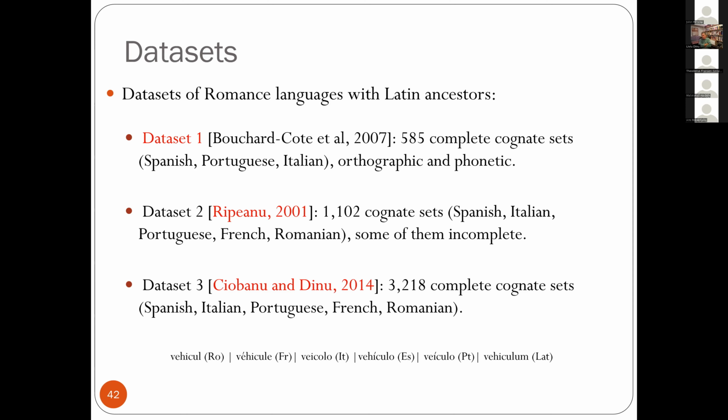Some of them are incomplete, we have to say. And the third one was our data set, which I showed before, and we used the complete cognate set list of around 3,000 and something complete cognate sets for Spanish, Italian, Portuguese, French, and Romanian.